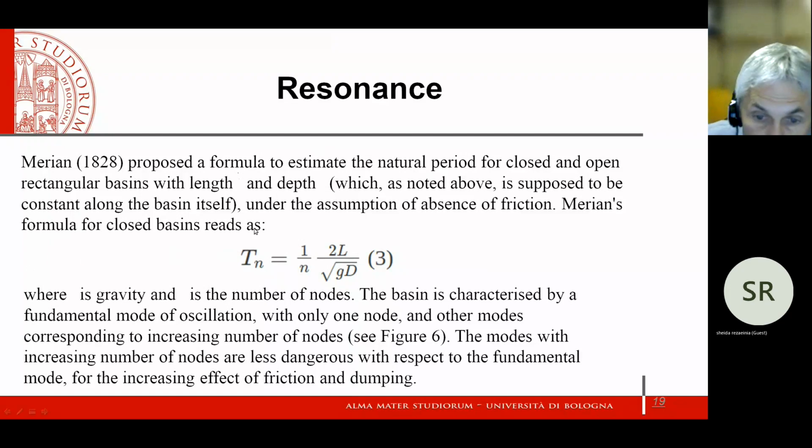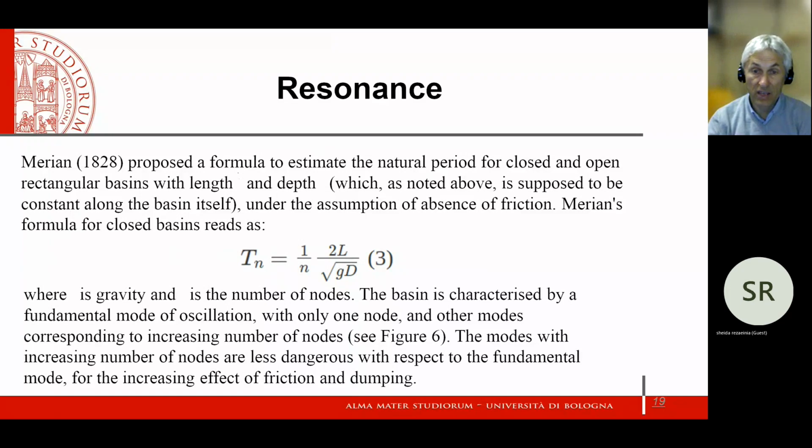So basically, if you look at this formula, it is given by 2L, twice the length of the harbor, twice because the wave needs to go forth and back. So 2L divided by the square root of g, gravity, times the depth of the basin.